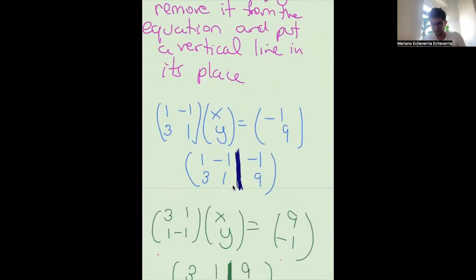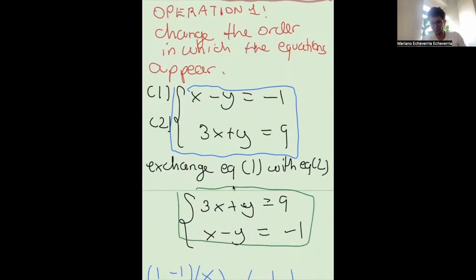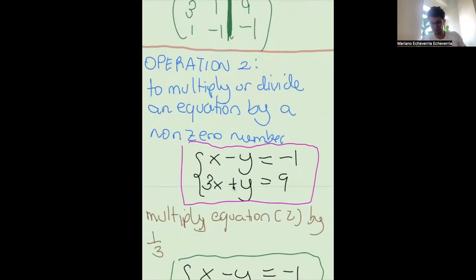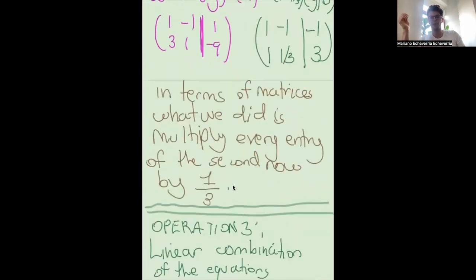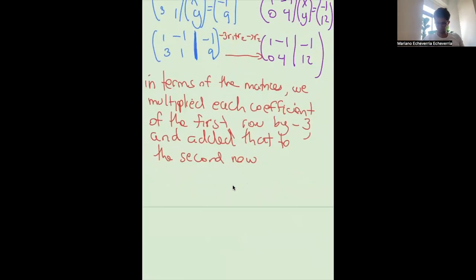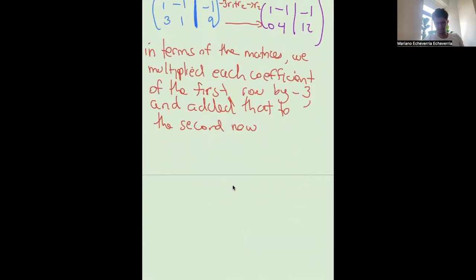The first operation only swaps the rows or the equations, so that cannot generate zeros. In operation 2, you're multiplying or dividing by a non-zero number, so that also cannot give you a 0. So operation 3 is the only one to get zeros in the matrix. Is that making sense? Let me add it as a remark.